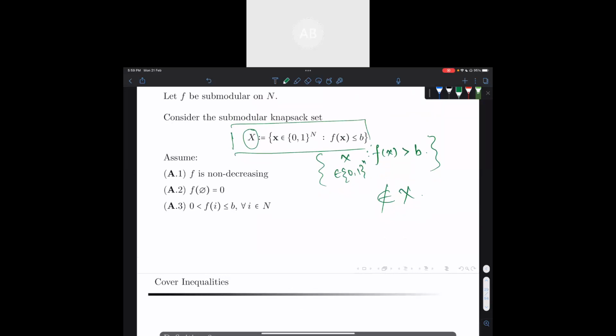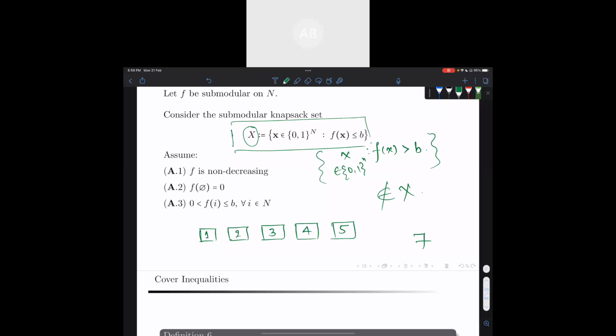So let's say we had 5 things here, right? Let's say these had sizes 1, 2, 3, 4, 5. And my bag has size, let's say, 7.